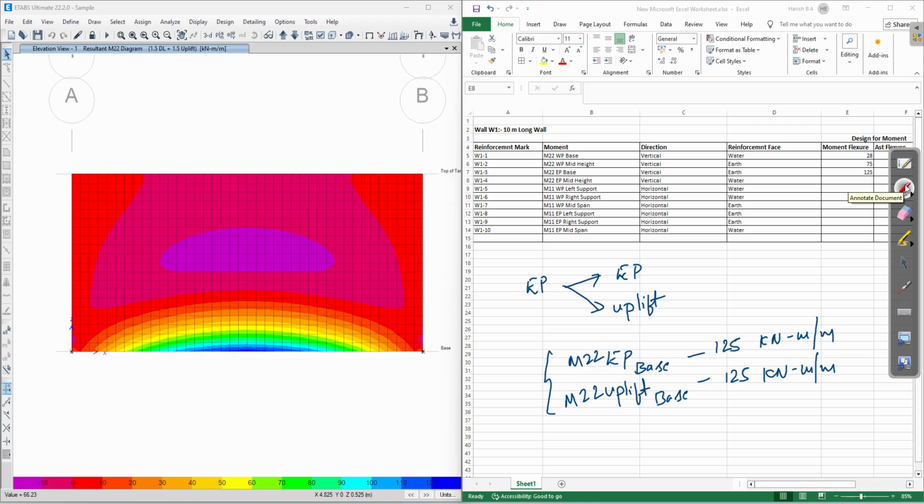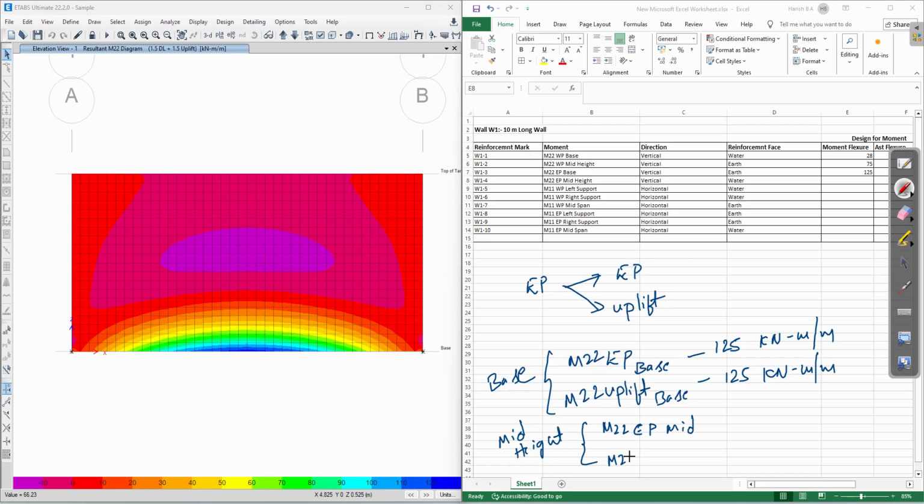Okay. Next at the mid height. So this is at base. Similarly at the mid height. So first M22 earth pressure at mid.